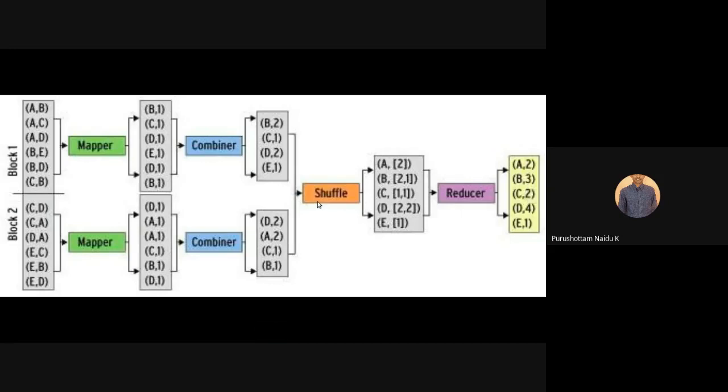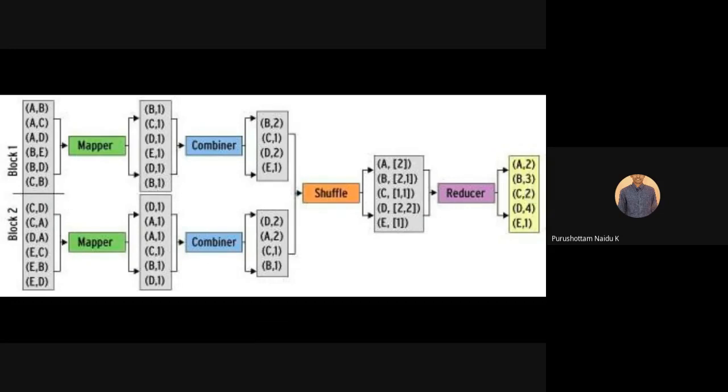So if you're not using the combiner, the total count is 12, meaning the data is coming from the mapper to the reducer 12 times.